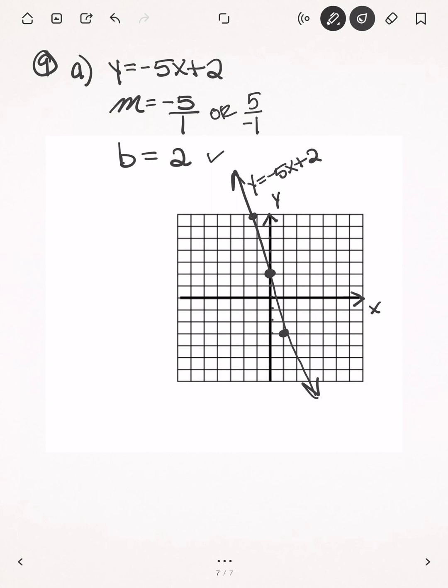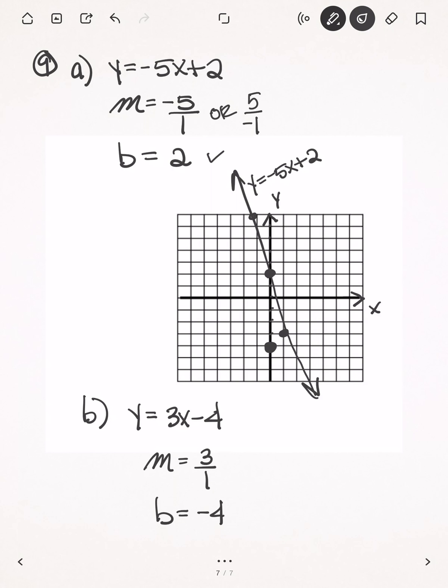Part B, the second equation. The second equation they want me to graph is y equals 3x minus 4. My slope is going to be 3, so I'm going to write it as 3 over 1. And my b equals negative 4. So let me put my points on there. I'm going to start at negative 4, 1, 2, 3, 4 on the y-axis.